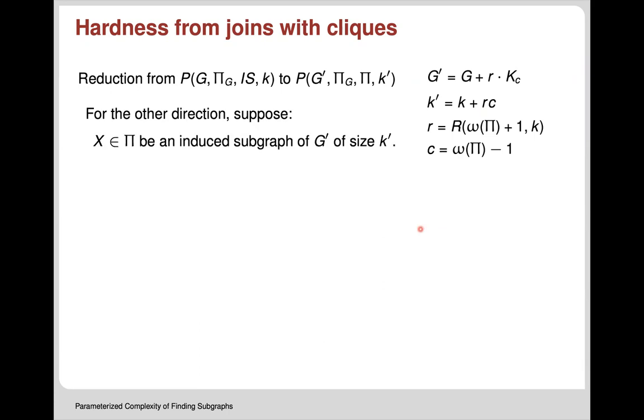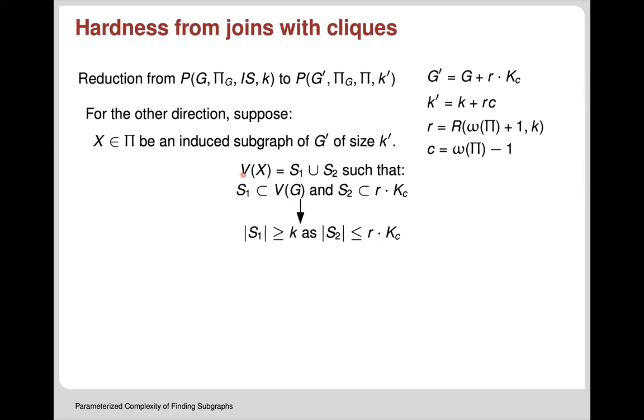Okay, so for the other direction, suppose again that X is an induced subgraph of G prime which has size k prime, and it belongs to the property pi. Then we can take the vertex set of X and partition it into two sets, S1 and S2, such that S1 is a subset of the vertex set of G, and S2 is a subset of this disjoint union of cliques.